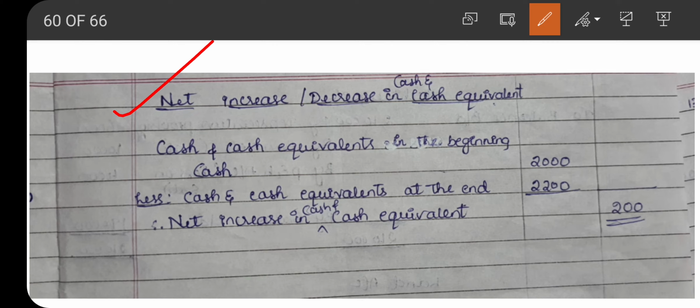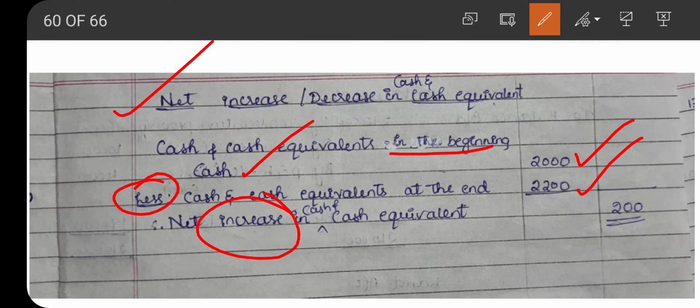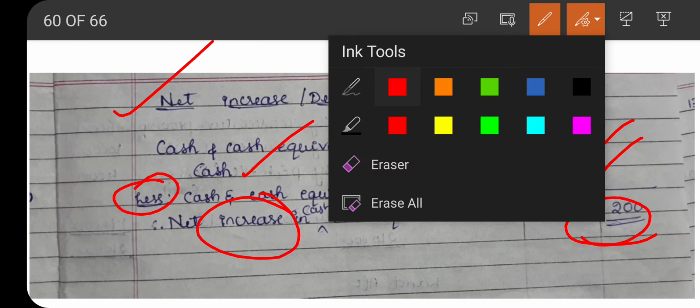So cash and cash equivalents in the beginning. We are having only the information relating to cash. The opening balance was 2,000 rupees, closing balance is 2,200 rupees. So there is a net increase in cash and cash equivalent by rupees 200.